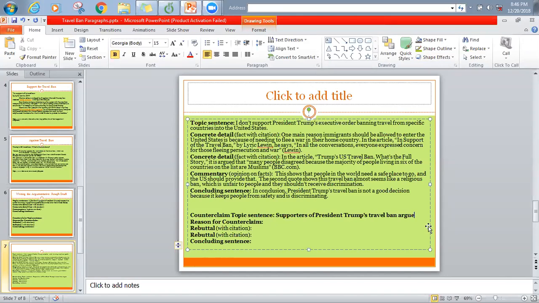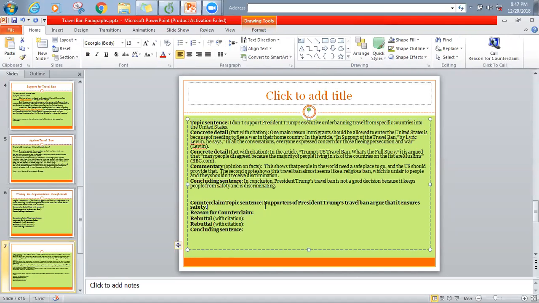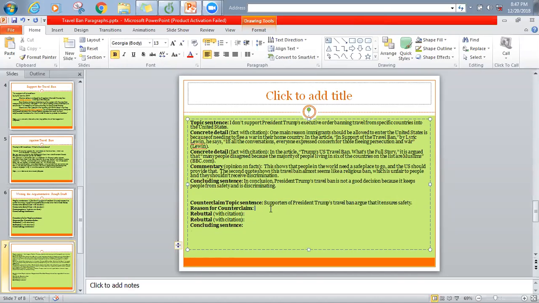To ensure safety. Okay, yeah. Okay, so supporters of President Trump argue that it ensures safety. Okay, and so now we'll go ahead and talk about the reason for the counterclaim.